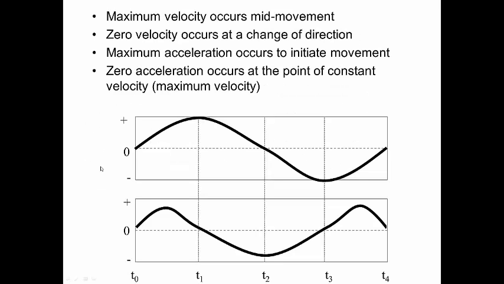All right, so let's look at these again. So here you have a position curve, maybe flexion and extension. Okay, so here we have a general curve, a position curve, and then a velocity curve.